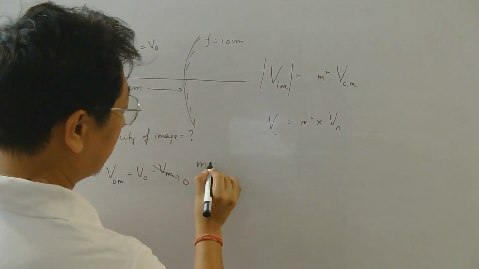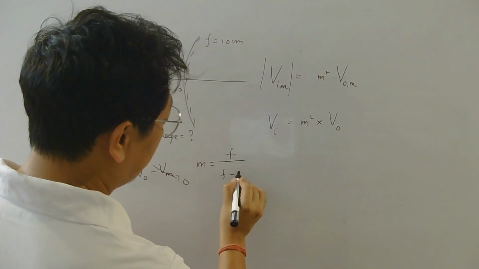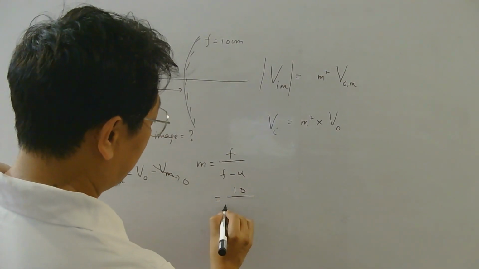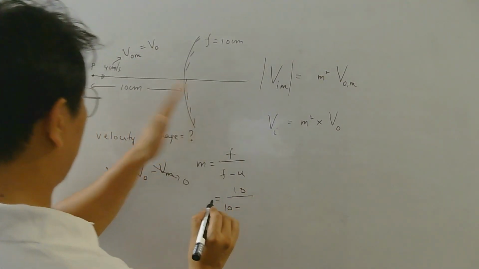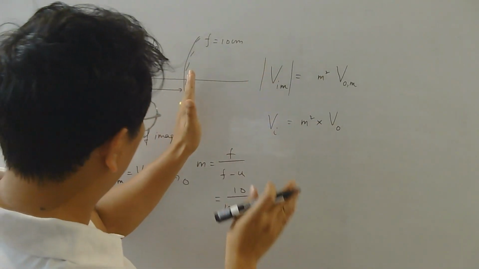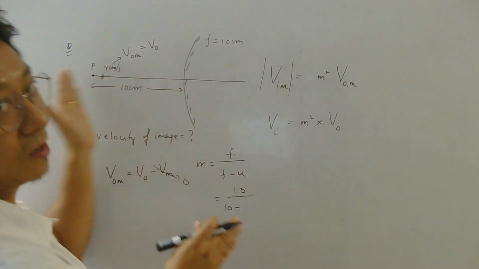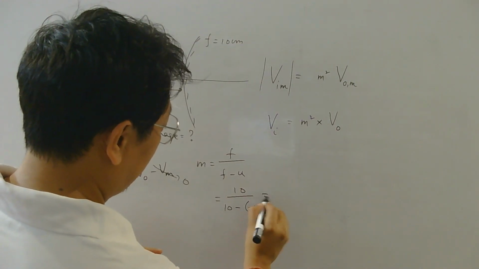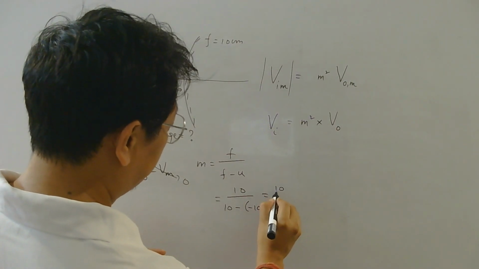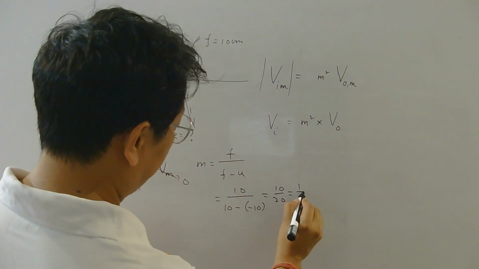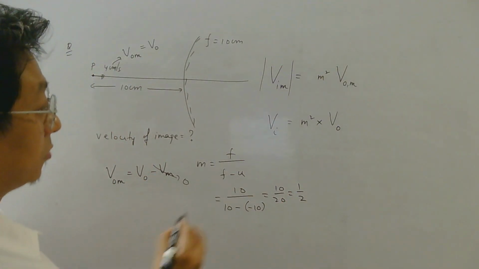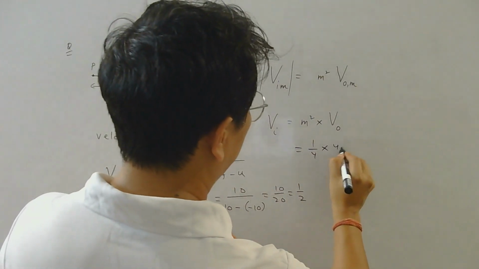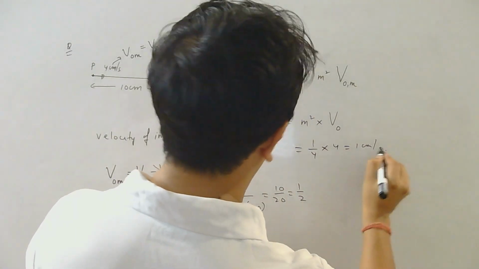And what is the magnification formula? f by f minus u, isn't it? So f is 10, and u is, remember, the left side of the incident ray is coming this way, the object is opposite to the incident ray from the mirror, right? So minus 10, that will be 10 by 20, that will be half, isn't it? So this will be 1 by 4 m square, and the object velocity was given 4, so 1 centimeter per second.